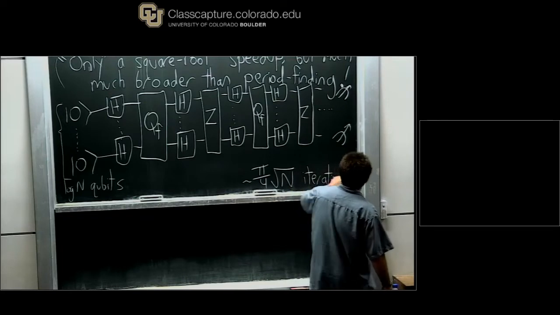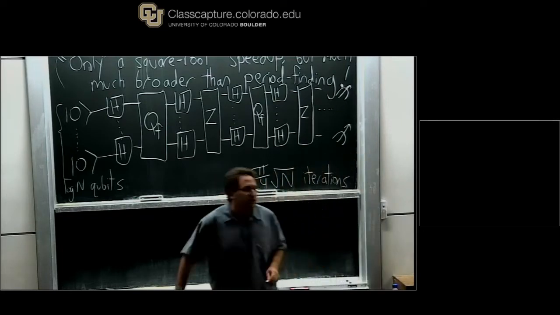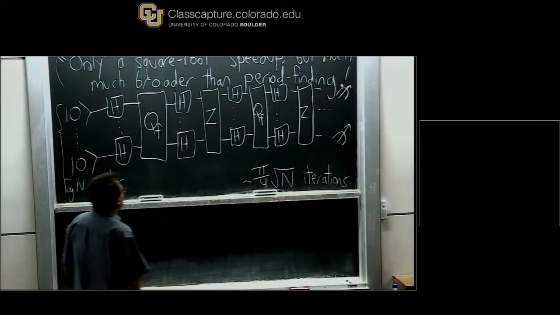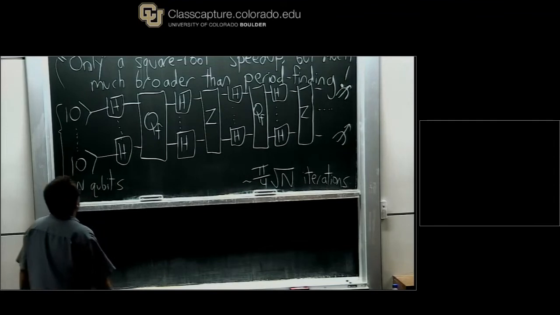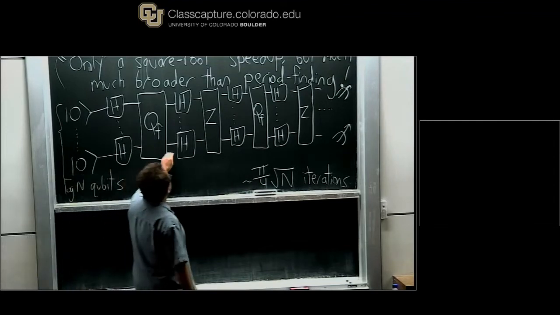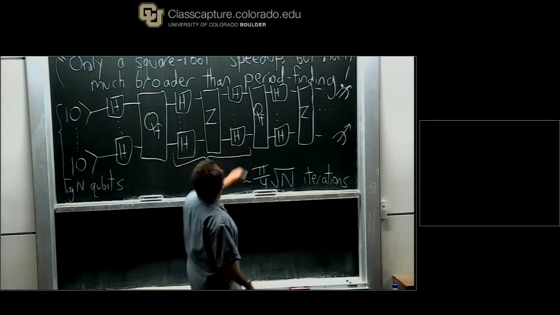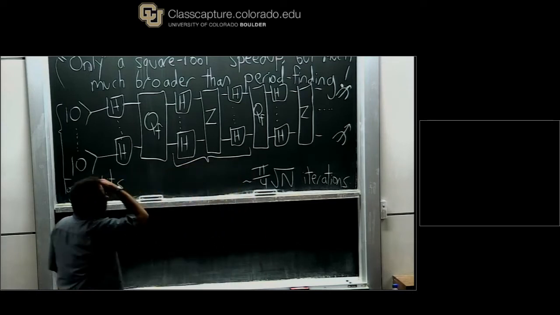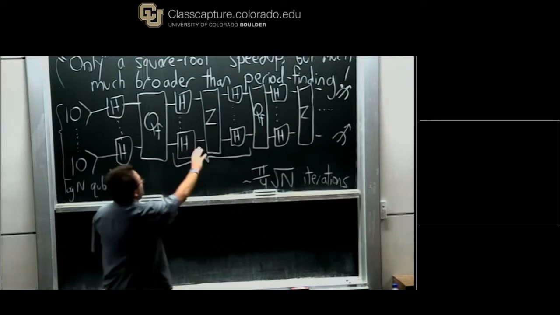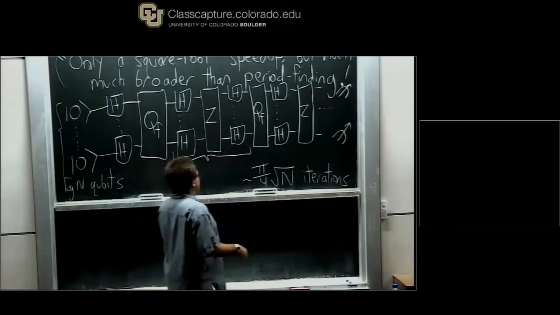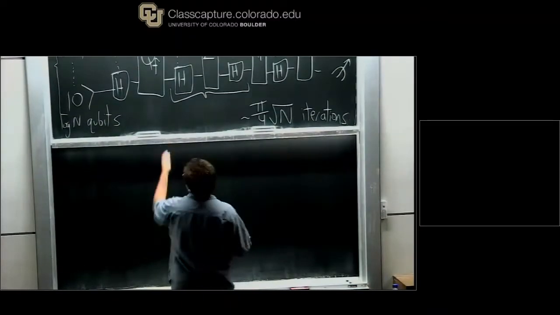Okay. So what is going on with this thing? As a first step, I want to take the blocks that look like this: Hadamards, and then Z, and then Hadamards. And just let me give that its own name.